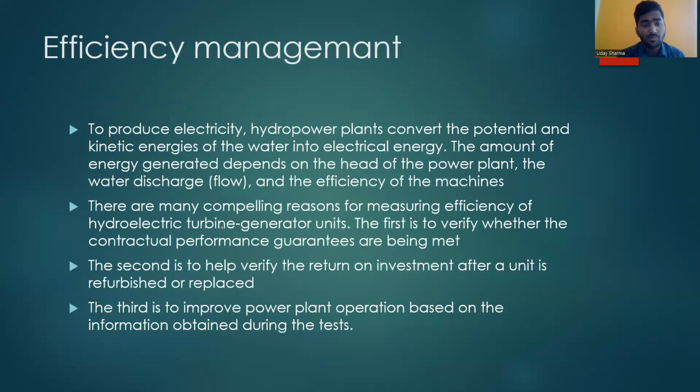Efficiency management of a hydropower plant. To produce electricity, hydropower plants convert the potential and kinetic energies of the water to electrical energy. The amount of energy generated depends on the head of the power plant. If the head is high, it creates greater force. If the head is low, it creates less force.